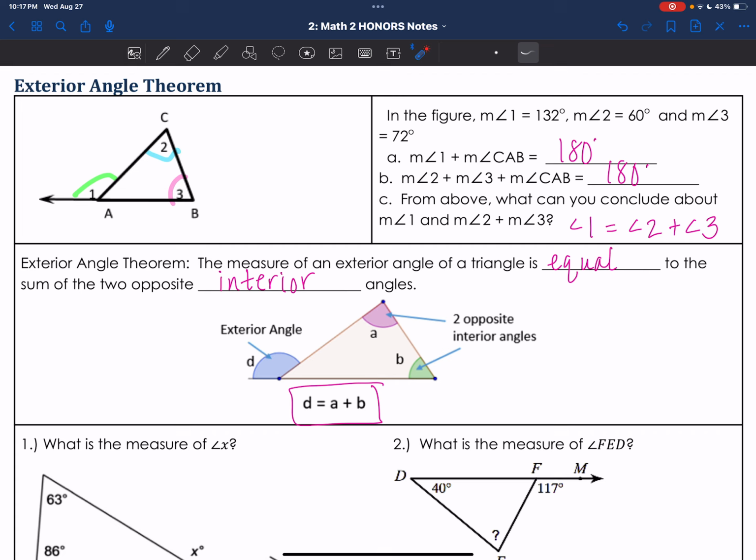So whatever is outside the triangle is going to be equal to the sum of the remote interior angles. So the measure of the exterior angle of a triangle is equal to the sum of the two opposite interior angles. So like I said, you have D is equal to A plus B.